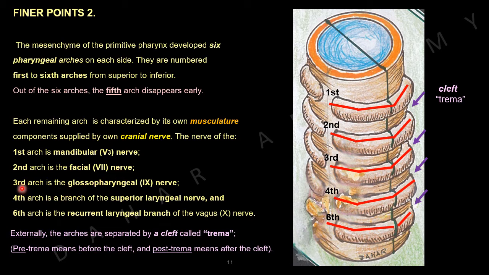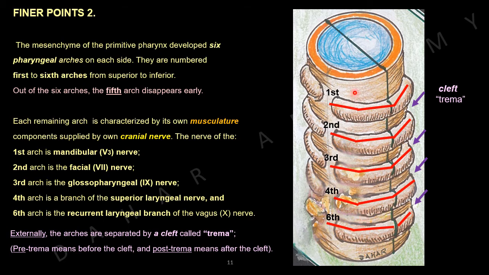The nerve of the third arch is the glossopharyngeal, the ninth cranial nerve. The nerve of the fourth arch is a branch of the superior laryngeal nerve, and the nerve of the sixth arch is the recurrent laryngeal branch of the vagus nerve. So these are the arches, number one to six, but number five has already disappeared.